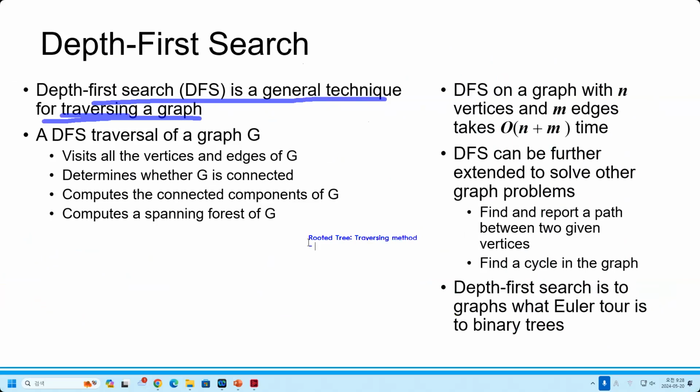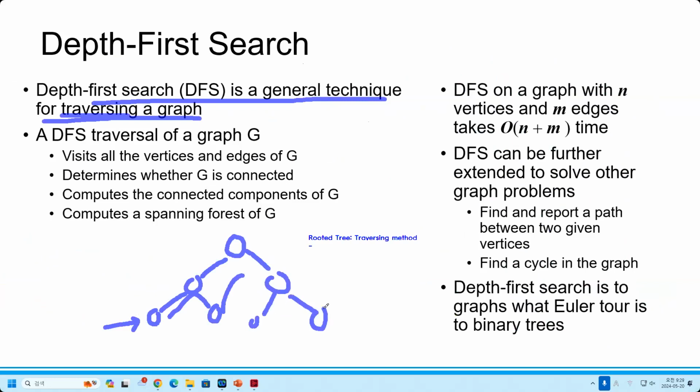In the rooted tree, there are three kinds of traversals. If you still remember, we go to the external node and then we go to other nodes and then we go to the next node. So we have in order, post order, and pre order.